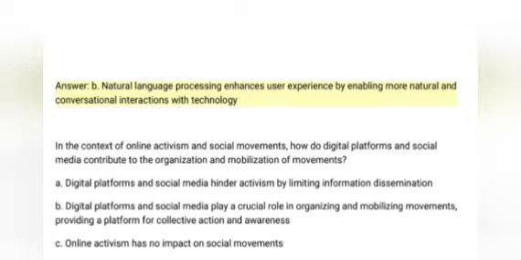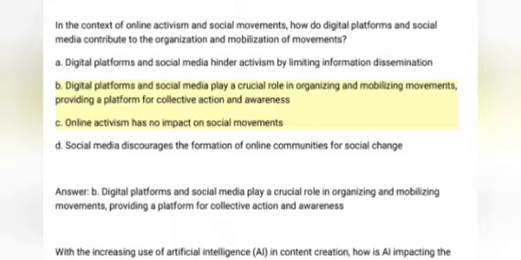In the context of online activism and social movements, how do digital platforms and social media contribute to the organization and mobilization of movements? A. Digital platforms and social media hinder activism by limiting information dissemination. B. Digital platforms and social media play a crucial role in organizing and mobilizing movements, providing a platform for collective action and awareness.